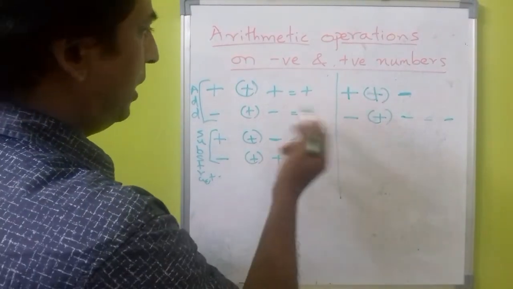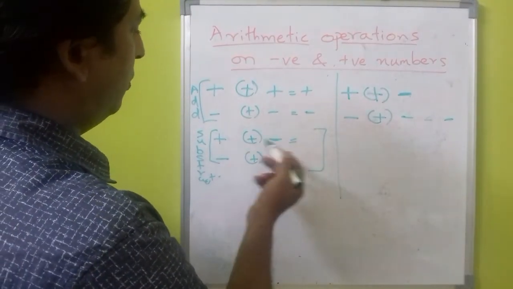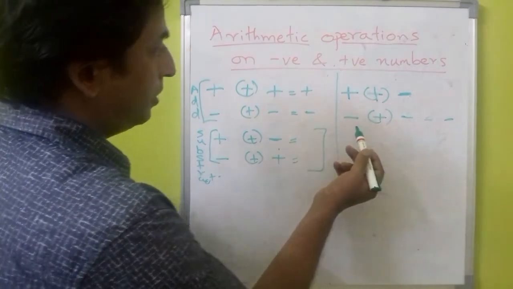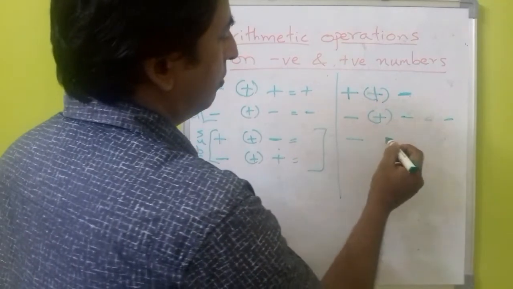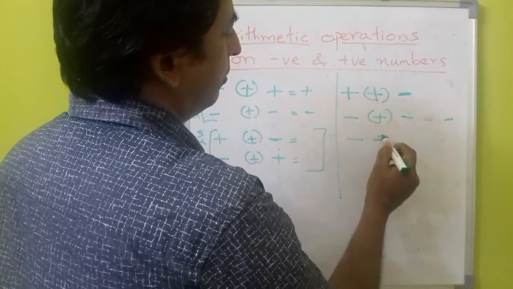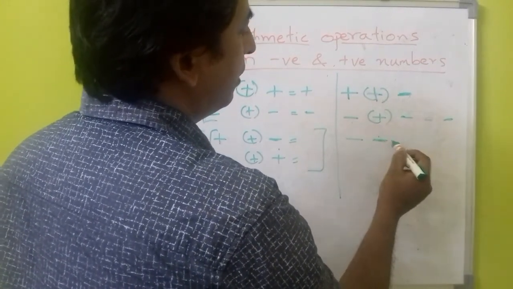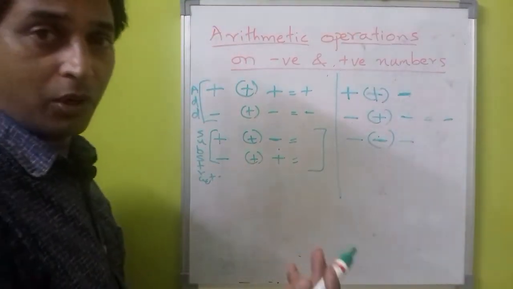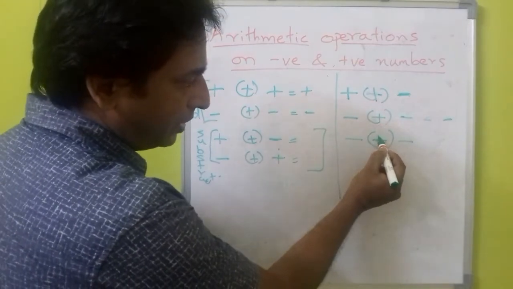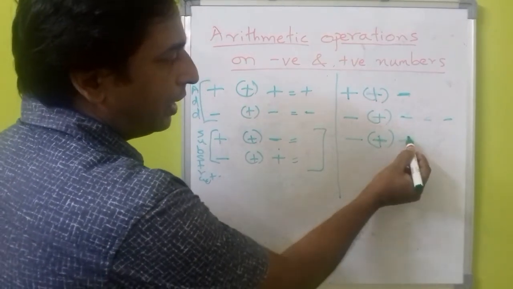Okay, now if you subtract a negative number from another negative number, again the process is simple. You just change the subtraction into addition and change the sign of this.